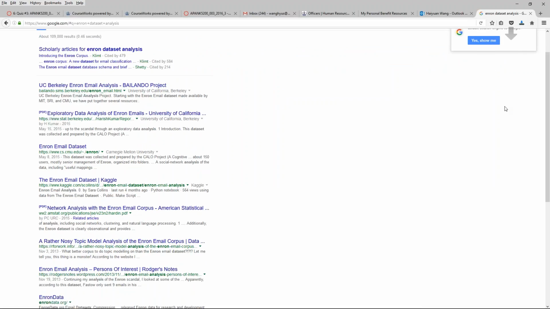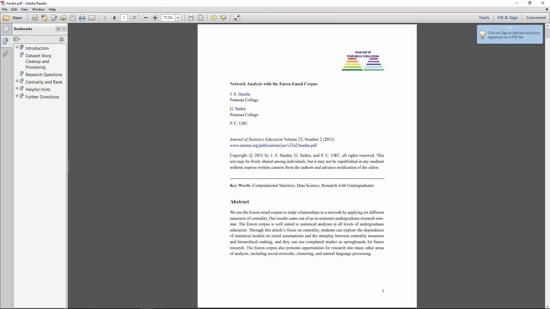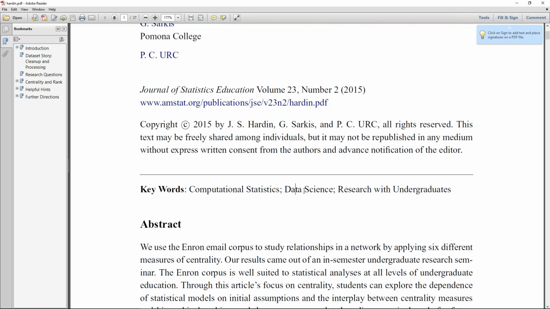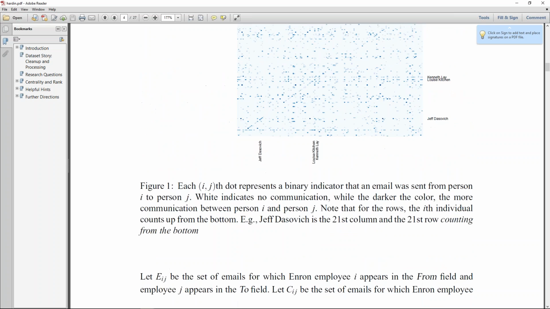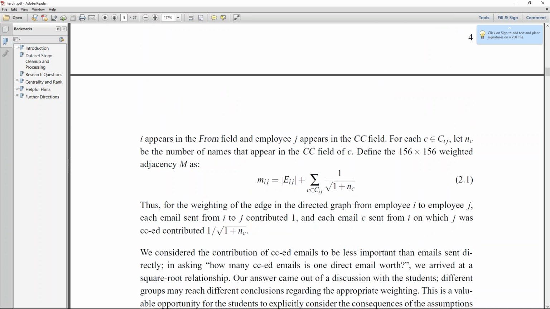Okay, here, network analysis with the Enron email corpus. So apparently they define some sort of metrics on the communication between two employees.